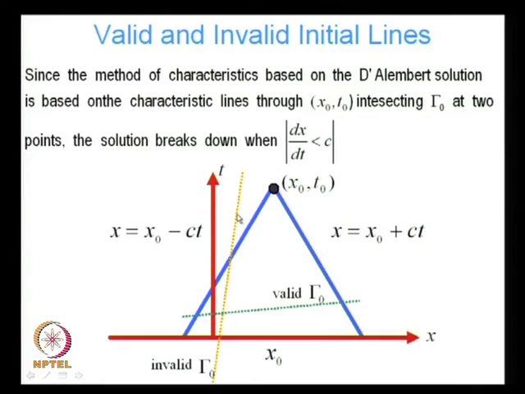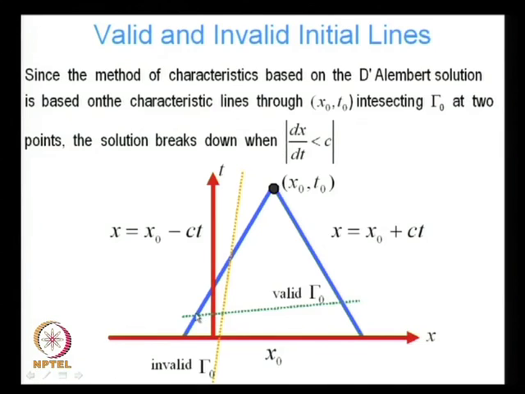The slope of this line is such that the modulus of dx/dt is less than c, so only one characteristic line intersects this initial line. In that case, my solution is going to break down, because my prerequisite is that both the characteristic lines passing through x0, t0 must pass through my initial condition line.